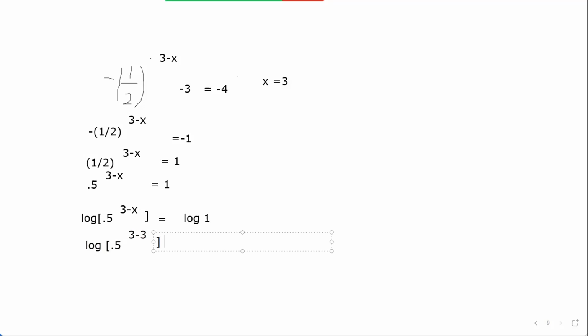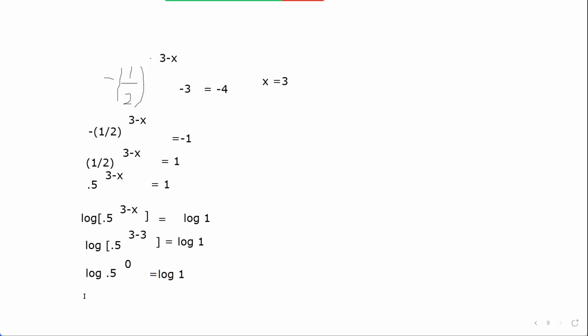Because here this is equal to log of 1, right? So this is log of 0.5 to the 0 power, right? Yes. Well, 0.5 to the 0 power is 1, isn't it? Yes. So you get log of 1 is equal to log of 1.